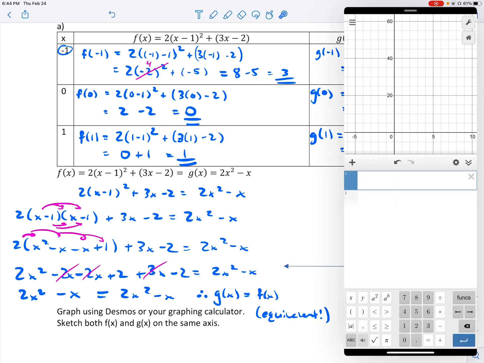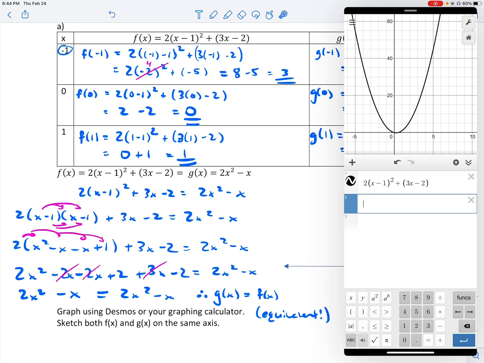So I'm going to plug in the first one. I don't really need these brackets, but I'm putting them in anyway. Okay, that's the first one, and then the second one.